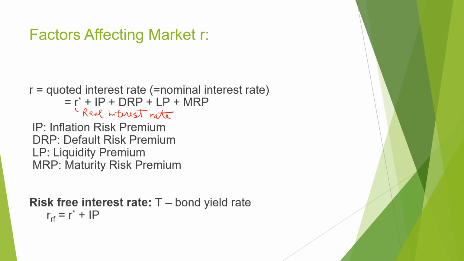Real interest rate plus inflation risk premium, and then default risk premium and liquidity premium plus MRP, the maturity risk premium.